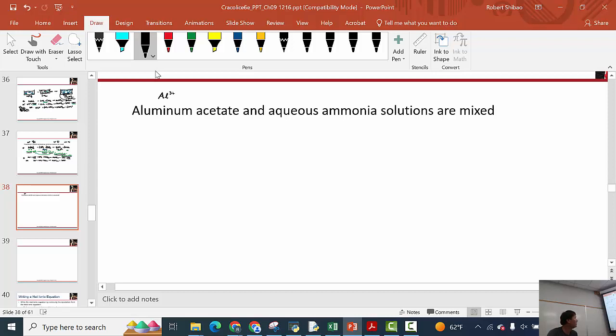Al plus 3. Acetate is C2H3O2 negative. And so aluminum acetate will be Al(C2H3O2)3. Good.